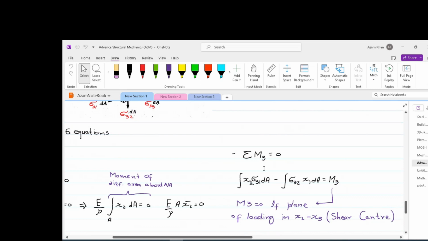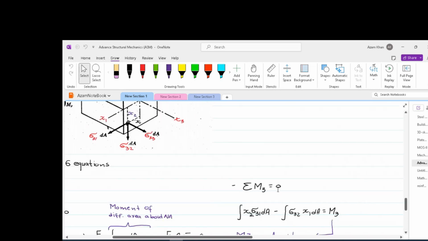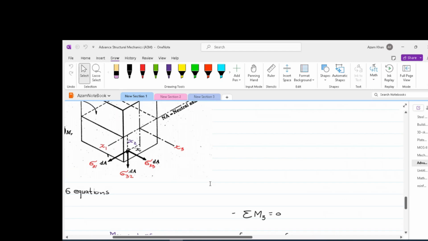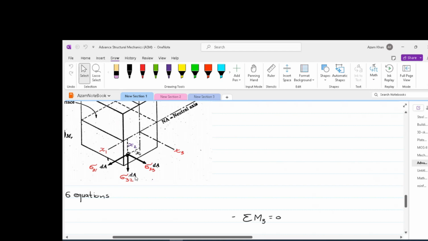Let us get the summation of moment about x3. Since we have no torsion applied, or in other words, no externally applied torsion on the structure, we will again get 0. However, the left hand side is showing us the internal moment developed. The internal moment about x3 can be contributed by the shear forces on the exploratory surface.